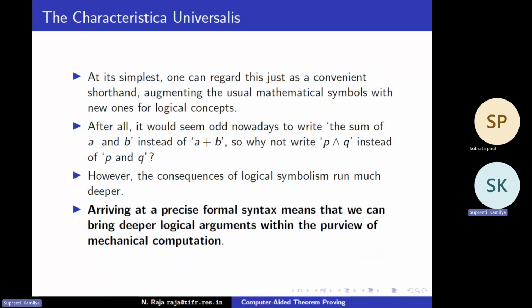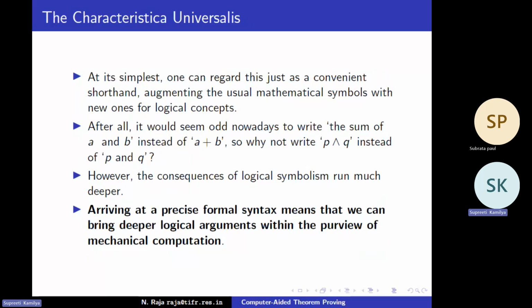At its very simplest, you can regard this language as a convenient shorthand, which augments the usual mathematical symbols with new ones for the logical concepts. Of course it seems odd nowadays to write out the sum of A and B in words. Instead we write something like this.